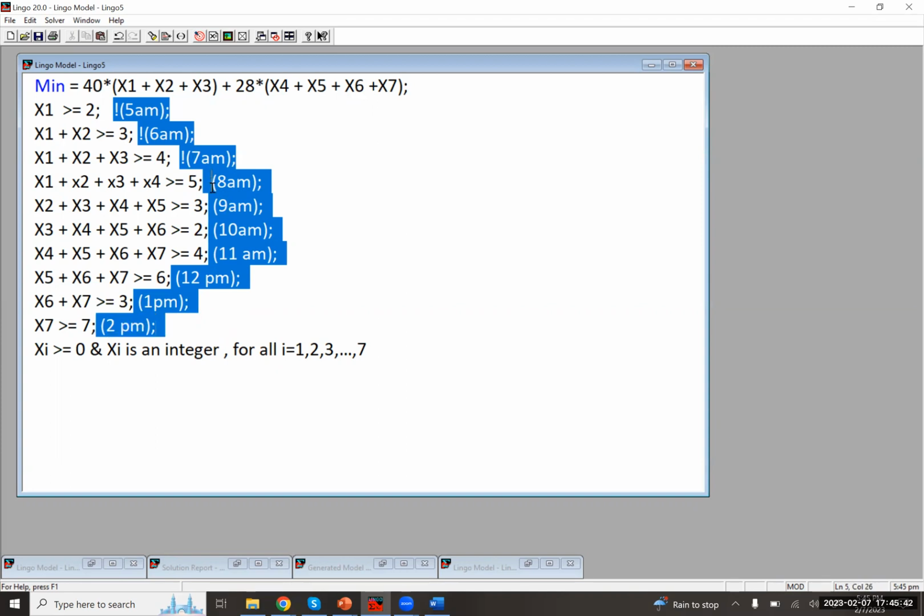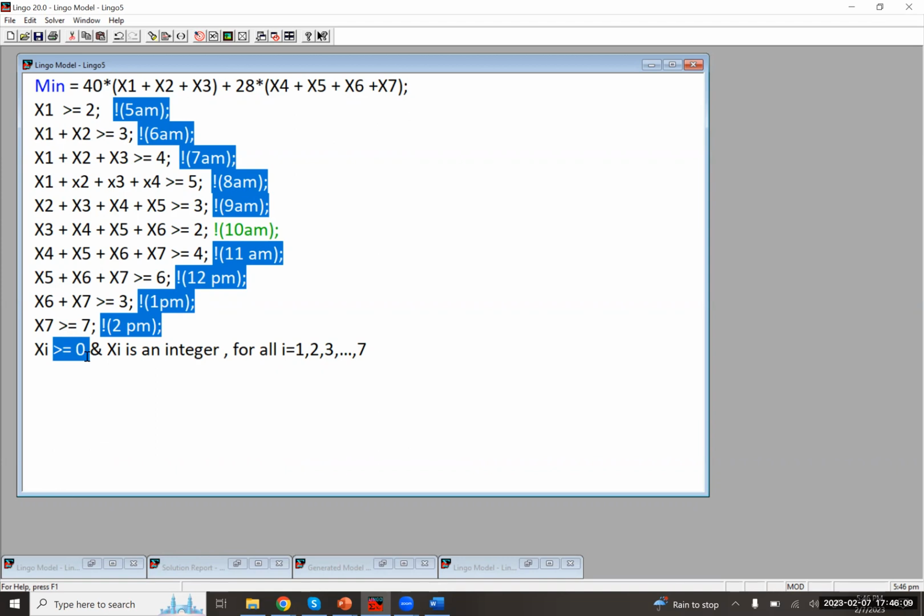And I'm going to put the exclamation mark here. And do you remember both LINDO and LINGO don't need the non-negativity restriction?